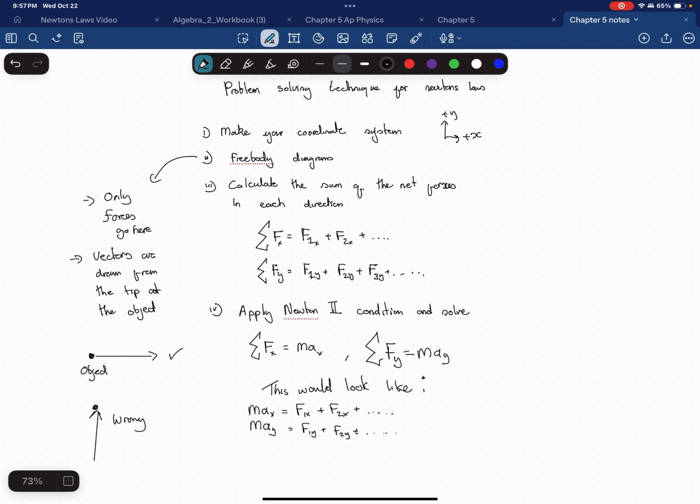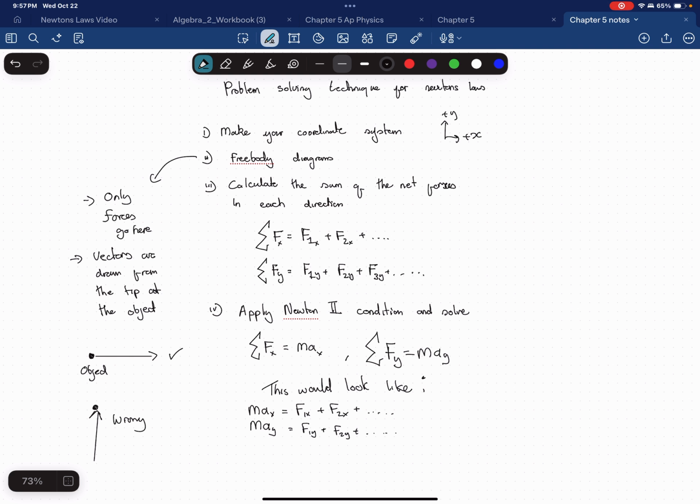So after we draw our free body diagrams, we identify the forces in the x and y directions. In short, we calculate the sum of net forces in each direction.